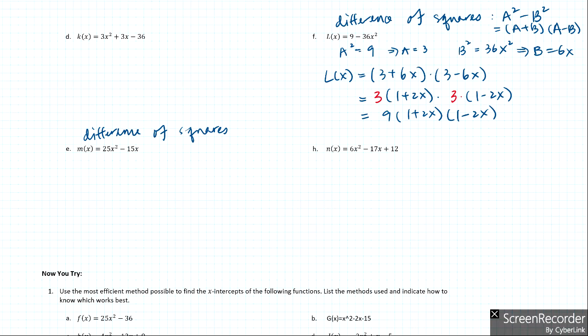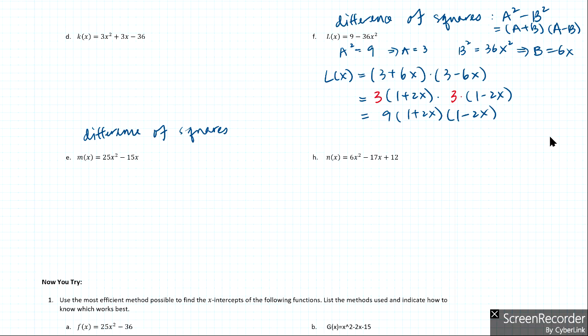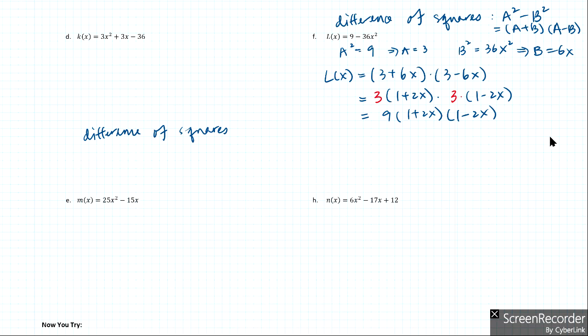I would have got this answer a little faster if I had noticed that I had a GCF of 9 to start with. And you can try this with factoring out the GCF of 9 first and see what you get alternatively.